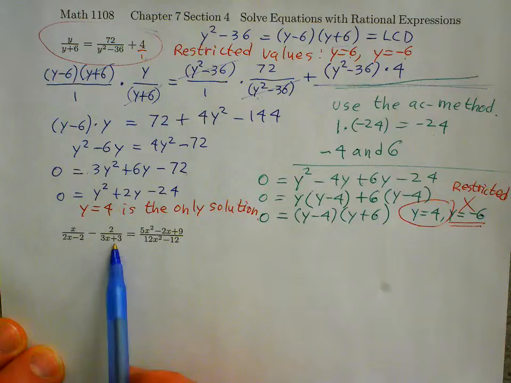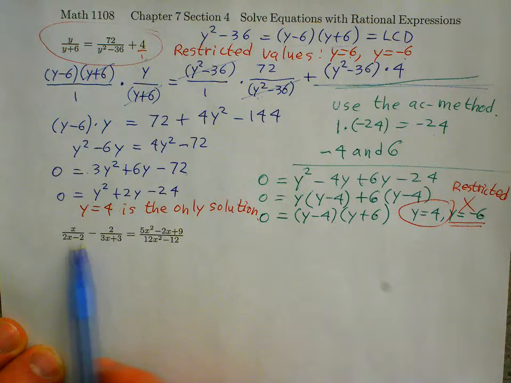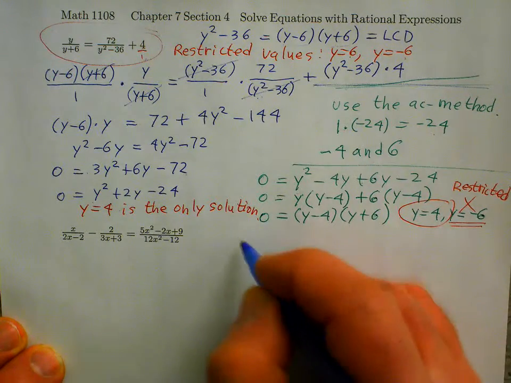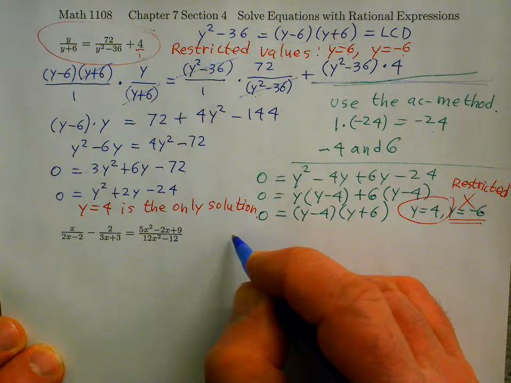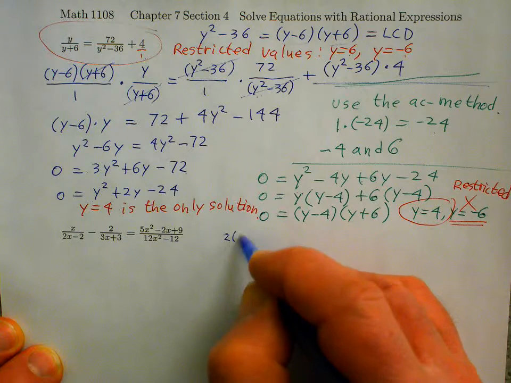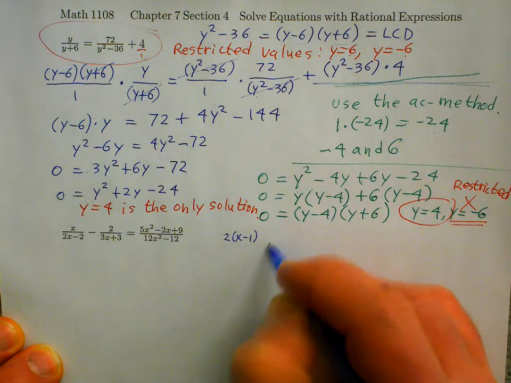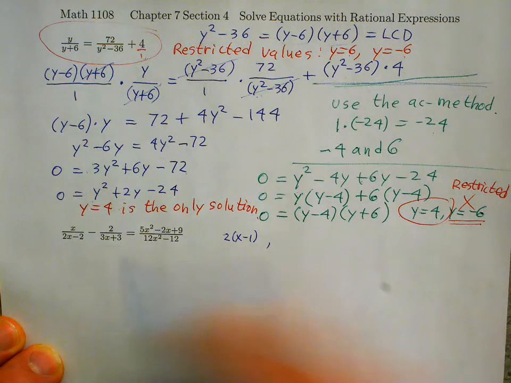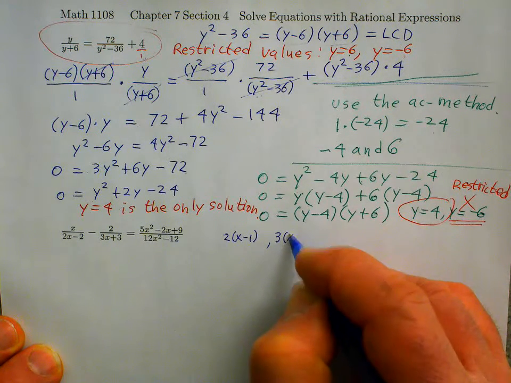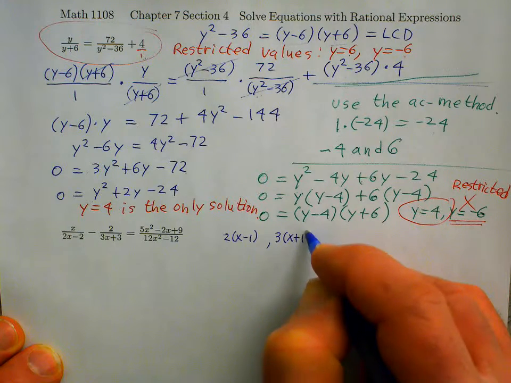Okay, so what's going on this time? Let's look at the denominators separately. 2x minus 2 is 2 times x minus 1. 3x plus 3 is 3 times the binomial x plus 1.